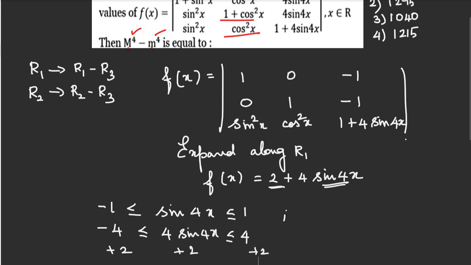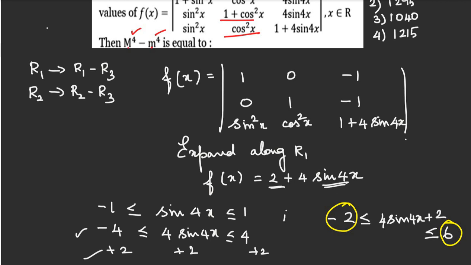When we add 2 throughout, minus 4 plus 2 is minus 2, so minus 2 is less than or equal to 4 sin 4x plus 2, which is less than or equal to 4 plus 2, that is 6.